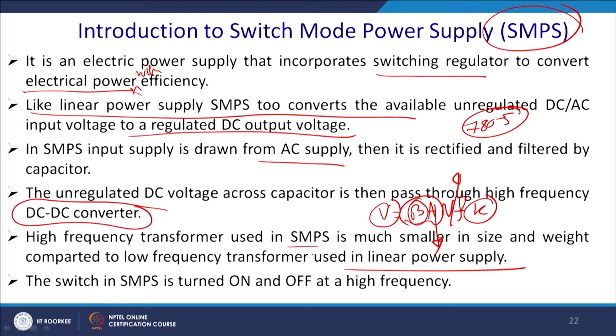So, in the high frequency transformer, the switch in SMPS is turned on and off at high frequency, and that is a challenge. So, for this reason we generally prefer MOSFET as a suitable design, and most of your below 100 watts, sorry, below 100 watts, these are all MOSFETs.